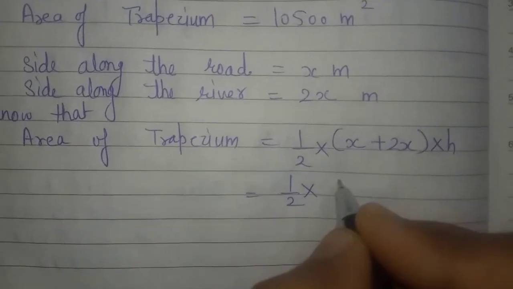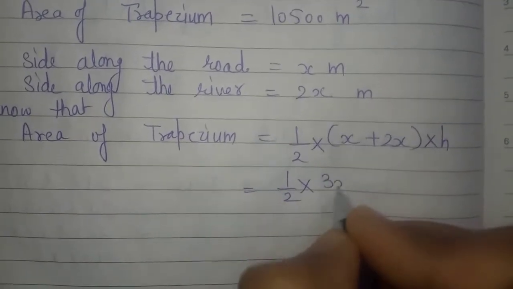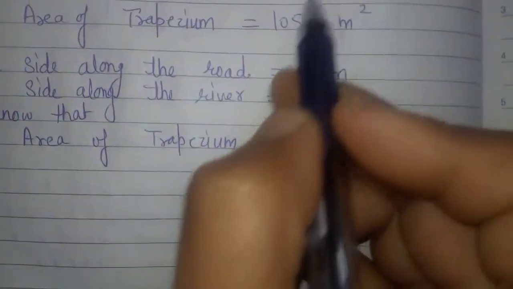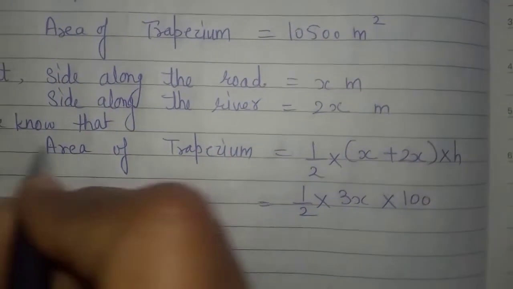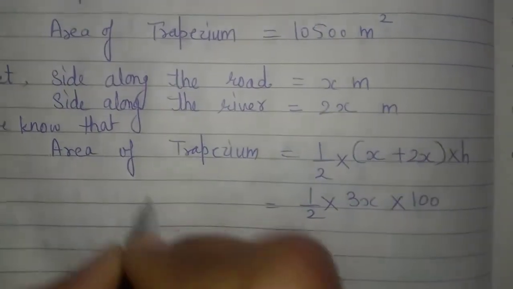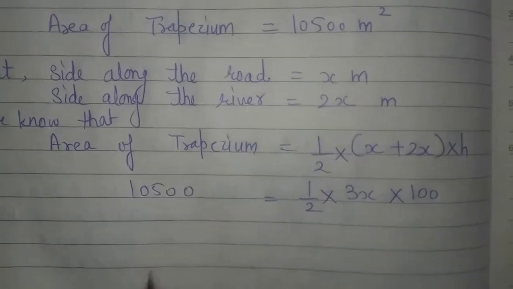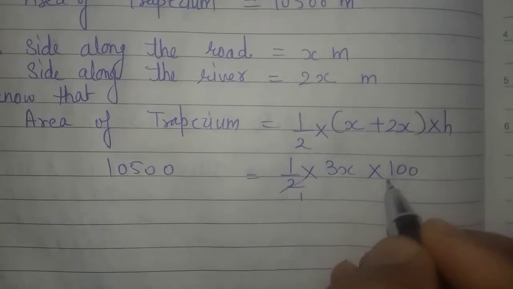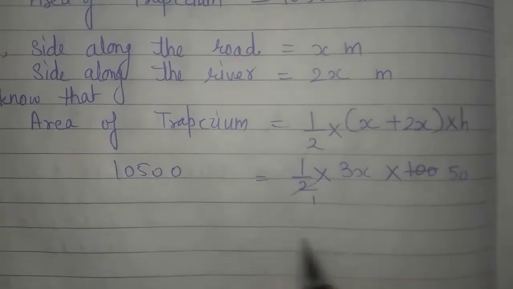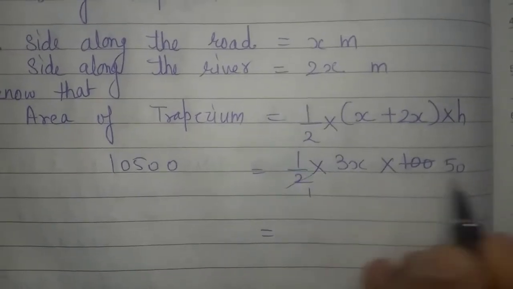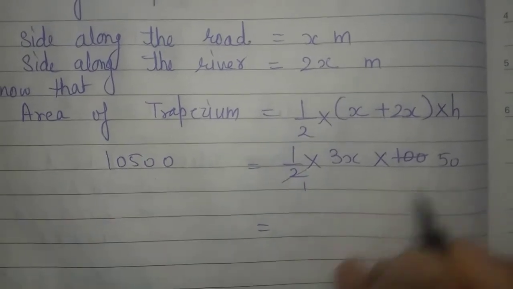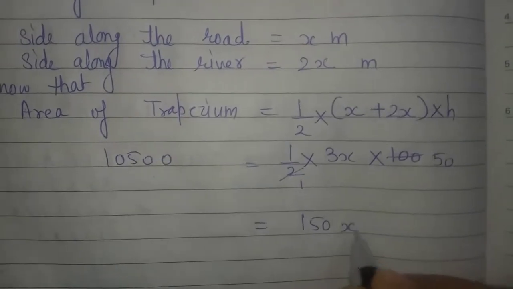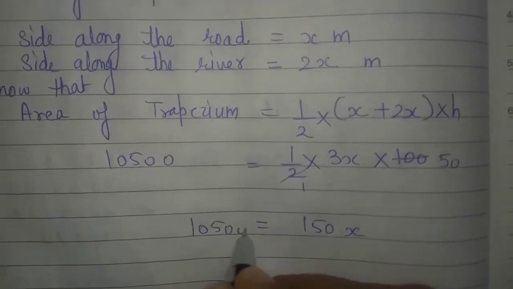Half into x plus 2x is 3x multiplied by, in place of h we'll put 100, and in place of area of trapezium we'll put the value which is already given, 10,500. 2 1s are 2, 2 5s are 10 and 50, and on multiplying 3x by 50 we get 3 5s are 15, 150x is equal to 10,500.